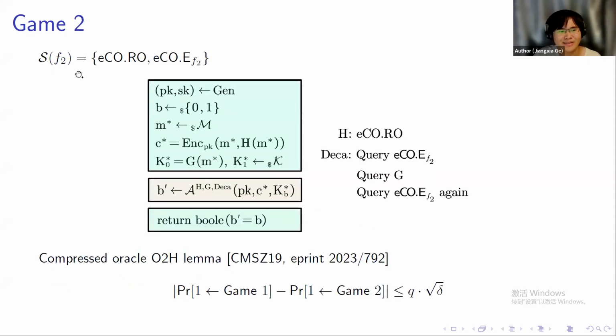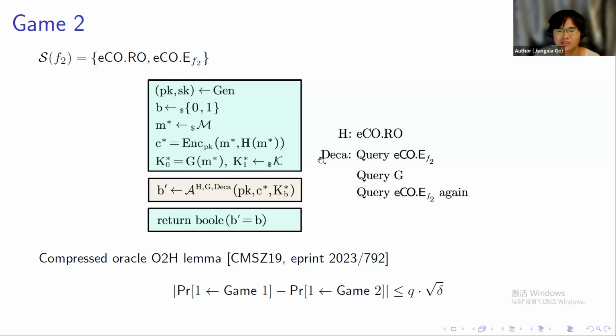In game 2, we design a new function F2 and replace the extractable RO simulator SF1 with SF2. The important property of the function F2 is that the implementation of the extraction interface ECO.EF2 only requires the public key PK.